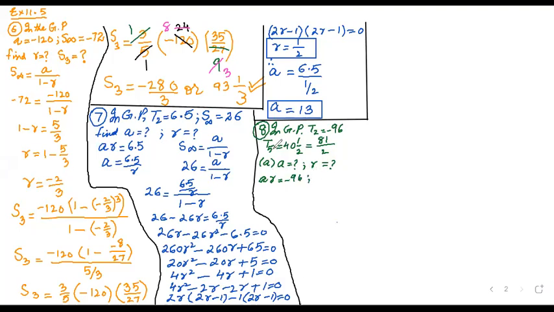In the same way, T5 is given as 81 upon 2. So T5 using the last term formula for a GP, this will become AR power 4 is equal to 81 upon 2.